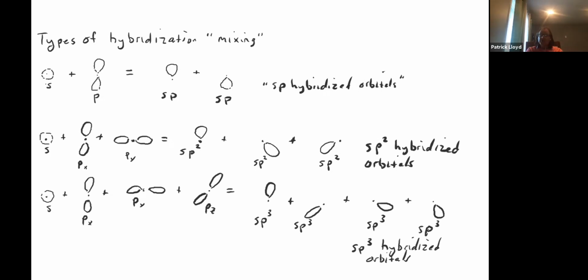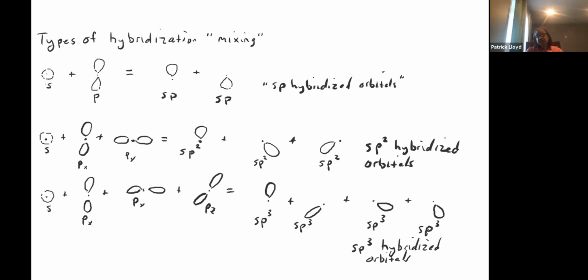And then it'll put a lone pair into the other sp. Because see how there's 2 sps? So it'll do a bond with one and then put the lone pair in the other. If it needs to form a bond to, let's say, 3 atoms, it'll use sp2s. So actually, let me rephrase that.